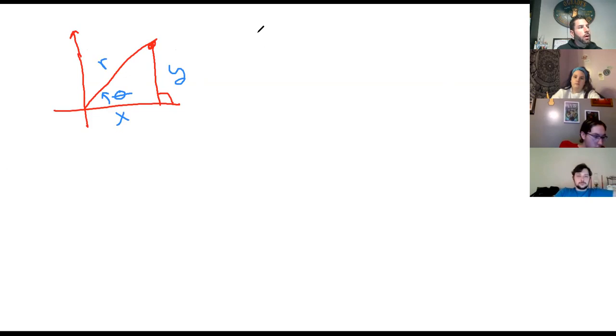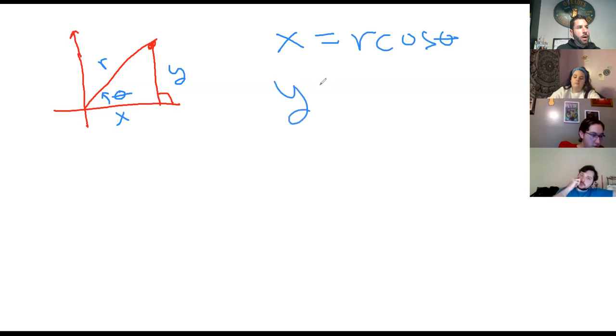Now, without even using calculus, just going straight to basic trigonometry, you can see a relationship between X and Y. So what you have is this very nice thing. X is equal to R cosine theta. Y is R sine of theta.